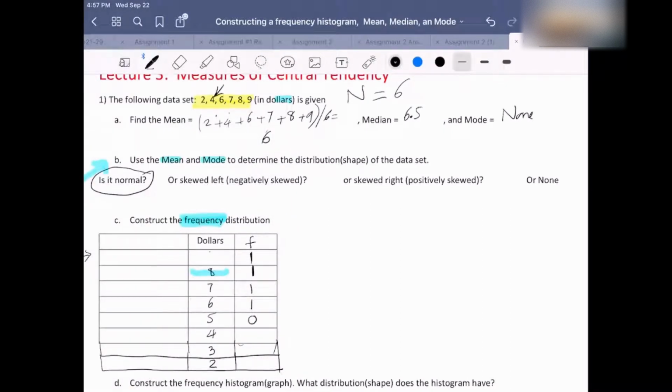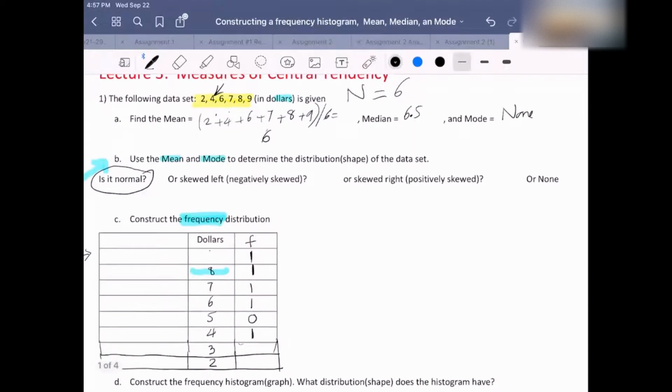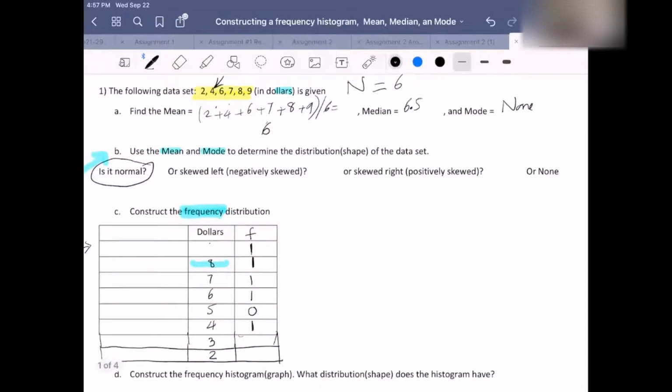How many times does it appear in the list? 1. All right, so that means that the frequency is 1, okay? It's good that I'm calling on you guys so I know if you understand it. Otherwise, I would not know who understands it or not, okay?